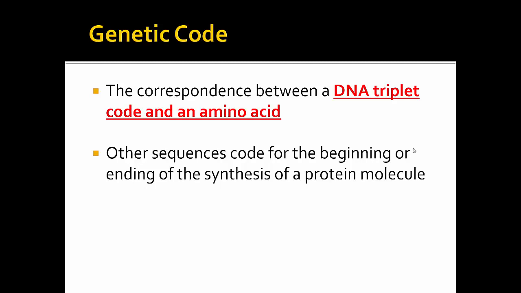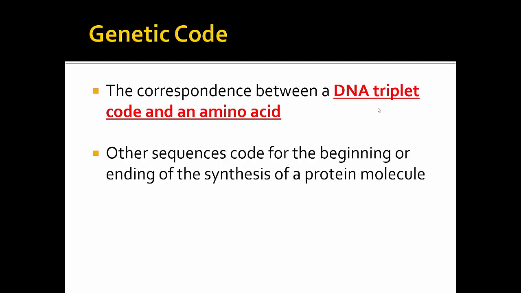The genetic code is the correspondence between a DNA triplet and an amino acid. So what is a DNA triplet? It simply is three bases. A DNA triplet is like ACT, or GGG, or GCG, or ATG. Any three bases together is a DNA triplet.